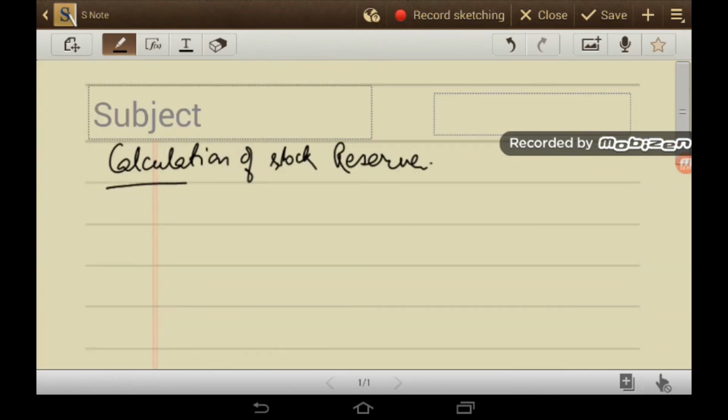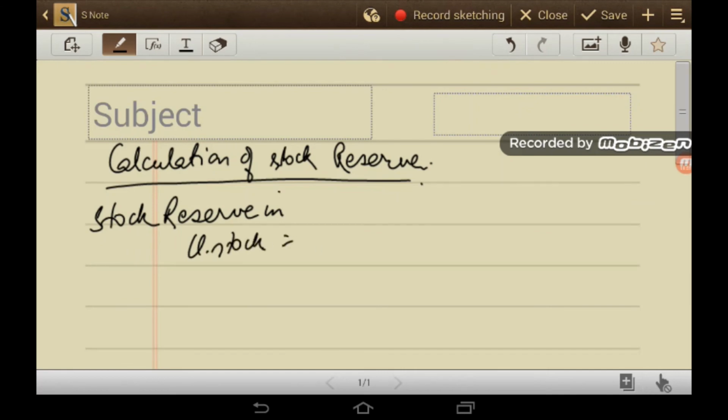So calculation of stock reserve in closing stock of branch. So this is 64,000 goods in godown, and 4,000 is goods in transit. So 68,000, so this is at 160, that is the invoice price.